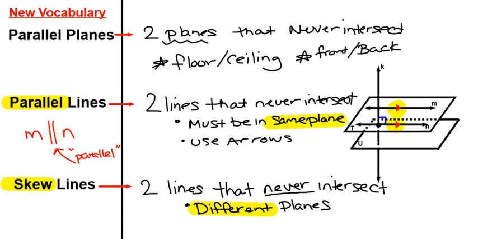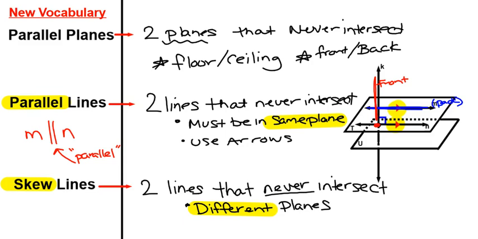Now, where do you find those in our picture? Well, this is a little bit tricky, and this is where drawing a 3-dimensional object on 2-dimensional paper gets tricky. But do you see M that is in the back of the picture, back of the plane? And do you see this line right here that is technically in the front of the picture, because you see how it goes through N right here, and N is closer to the front?